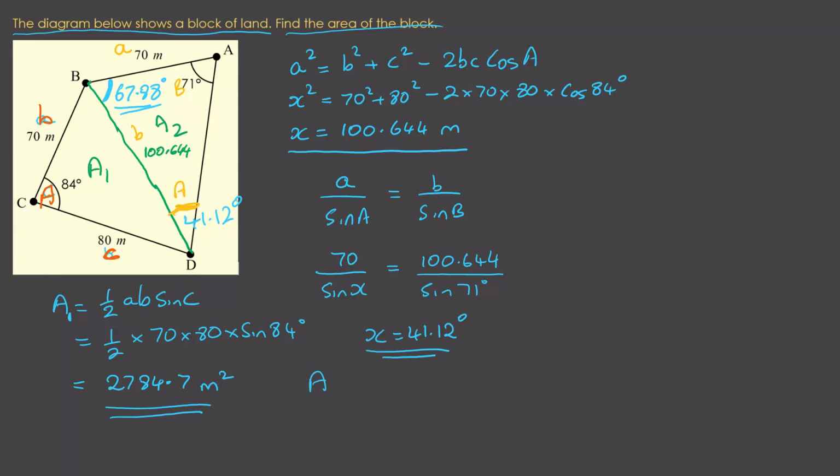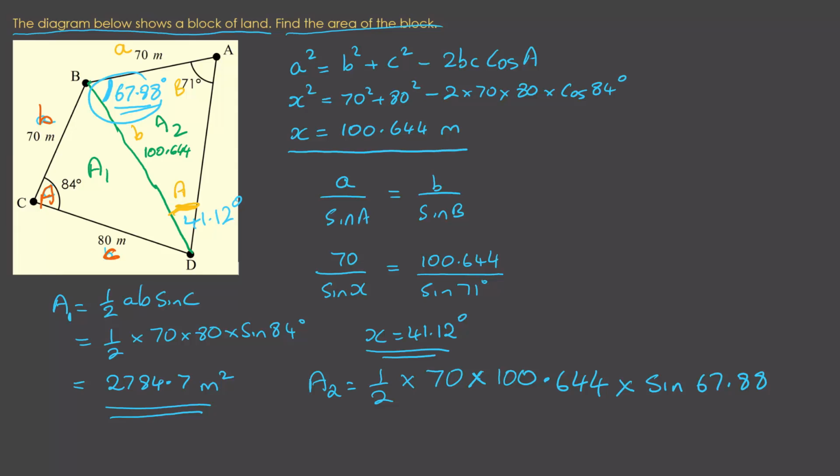So the area A2 is going to be a half times 70 times 100.644 times the sine of 67.88.